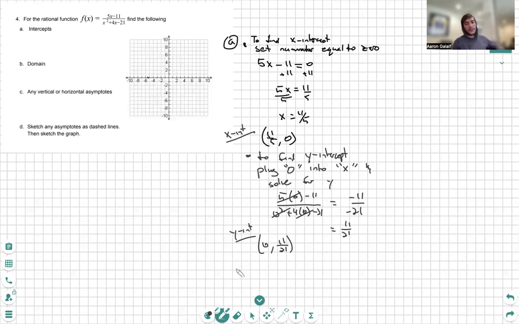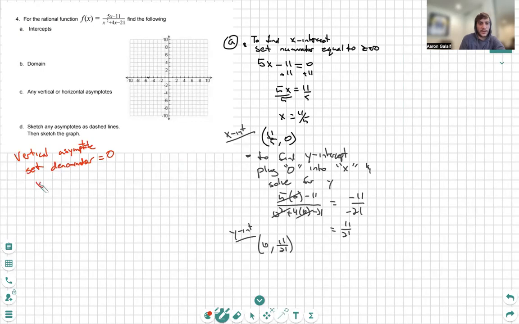Beautiful. Now that we have our intercepts, we're going to go over our asymptotes. To find the vertical asymptote, we need to set the denominator equal to 0.